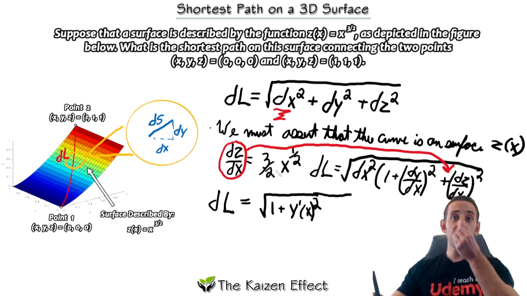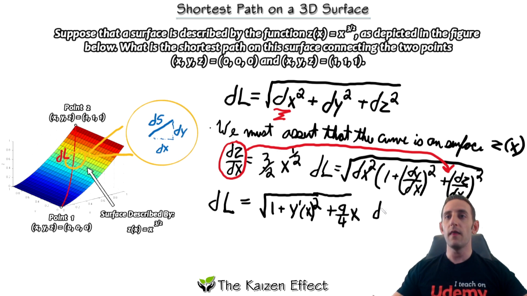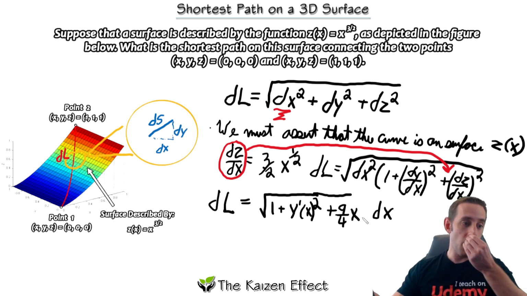And then when we square this guy, we get 3/2 squared, which is 9/4 times x to the 1/2 squared, that's just x. So down here, what we're going to end up with is 9/4. We get an x. And then we have our dx out right there.